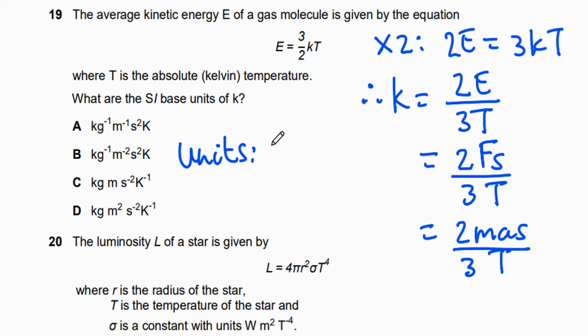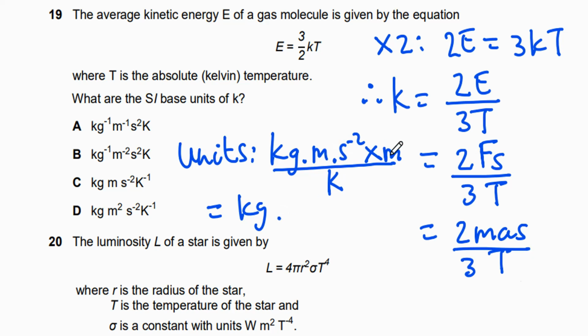Then M is the mass, so that's kilograms. A is acceleration. And S is displacement, which is in meters. Of course, T is the absolute temperature, so that's in kelvins.